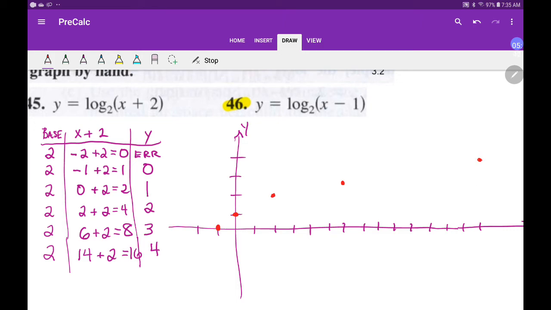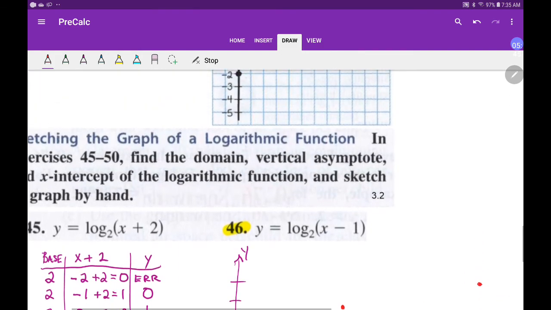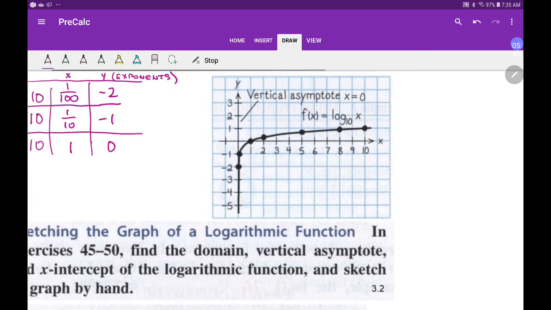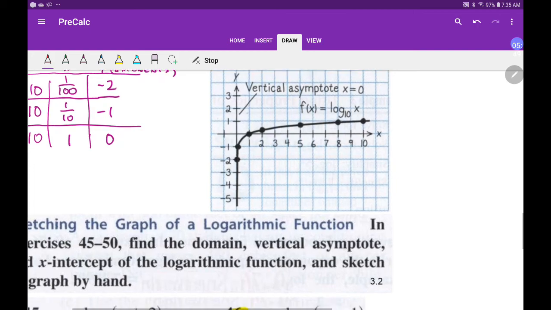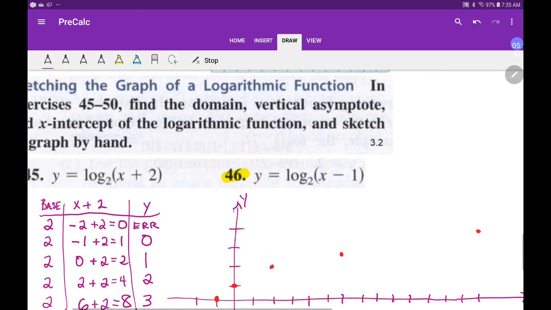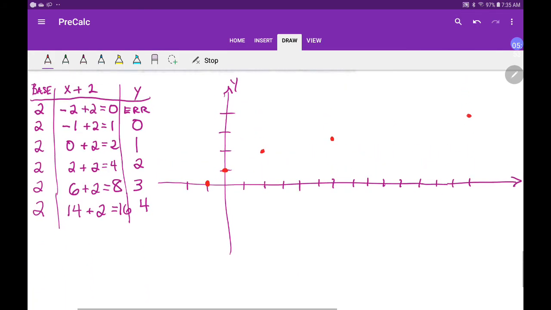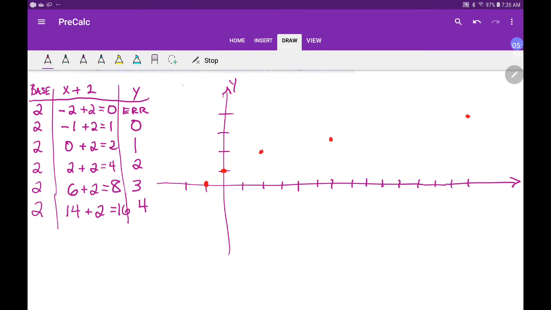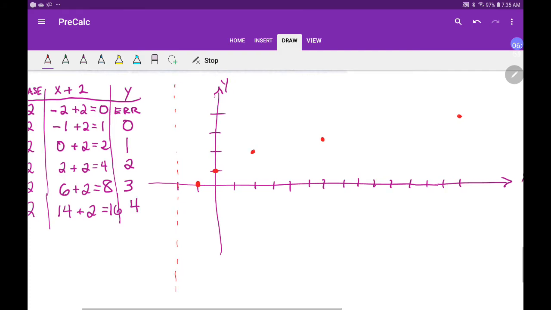And then we can look up here. We know what happens when you get to the limit. In this case, the limit was 0. Can't be 0. In this case, we can't be negative 2. So we know there's an asymptote here at negative 2, because that's impossible. We can never get there. But we can get really close down here.